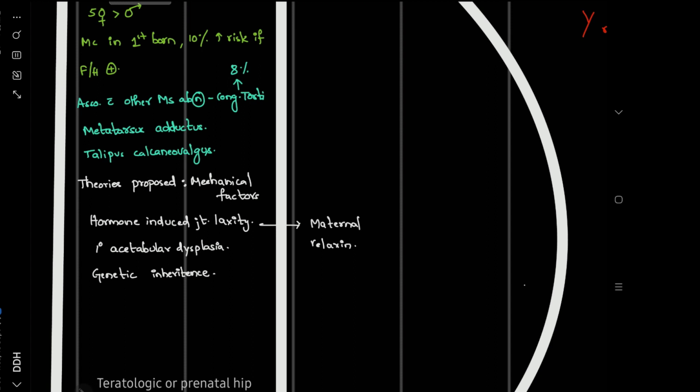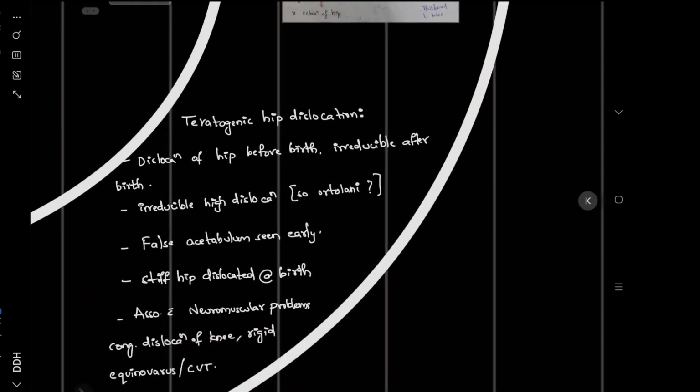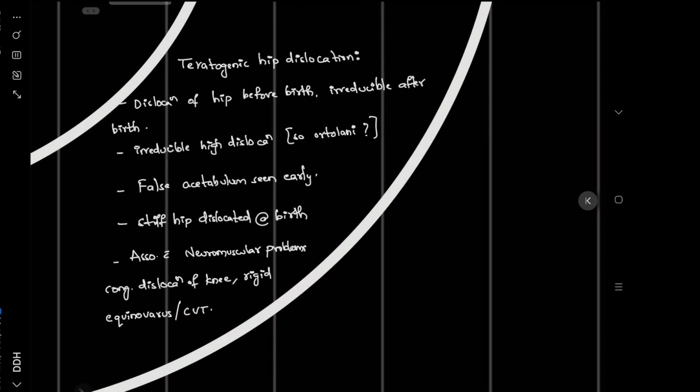Now let us see what a teratologic hip dislocation is. It is a dislocation of the hip which has occurred before birth and is irreducible even after birth. This is because the dislocation is very high riding. The false acetabulum will be seen very early, and a stiff hip dislocation at birth will be present.